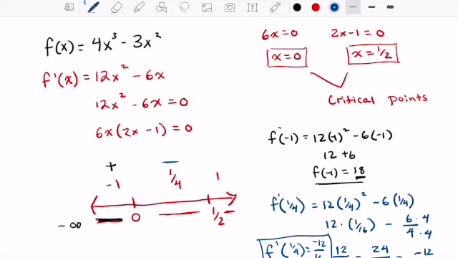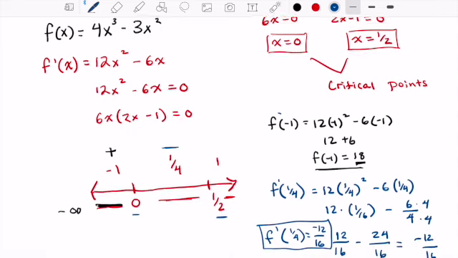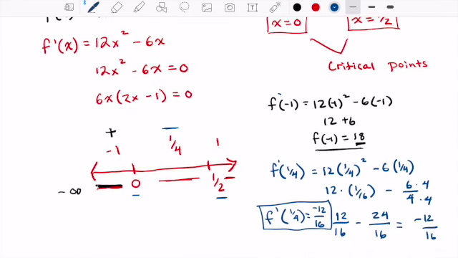So again, all I did so far was find my two critical points, put them on that little chart, and pick three numbers that fell within the intervals before and after my critical points. That's helping me figure out some cool stuff coming up. We've checked -1 in our derivative.